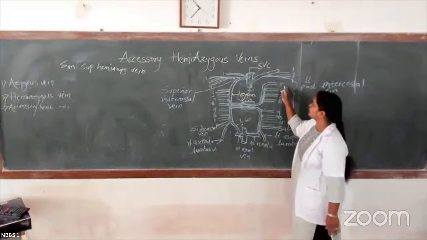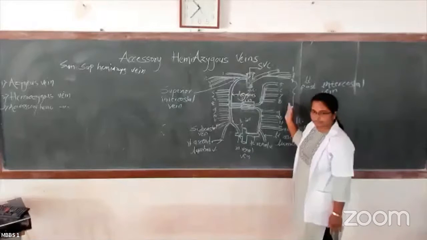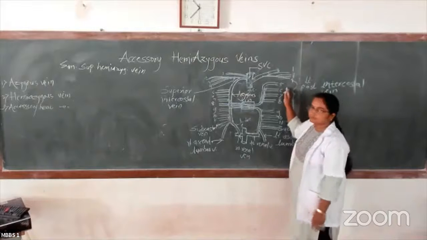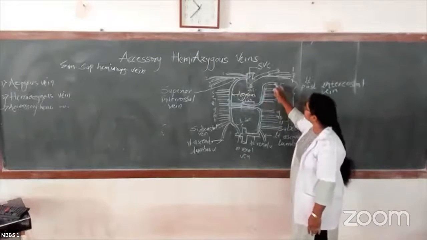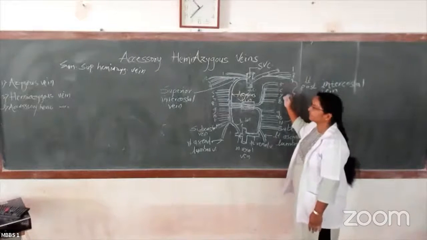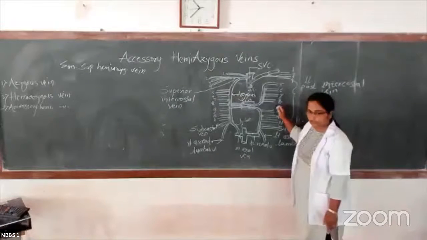It is the continuation of fourth posterior intercostal vein of the left side. So it is continuation of left fourth posterior intercostal vein, then it descends downwards and it receives the fifth, sixth, and seventh left posterior intercostal veins, sometimes eighth also.